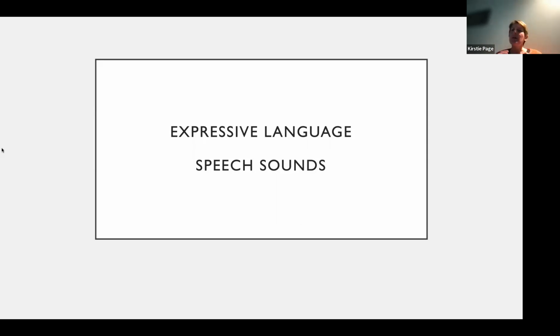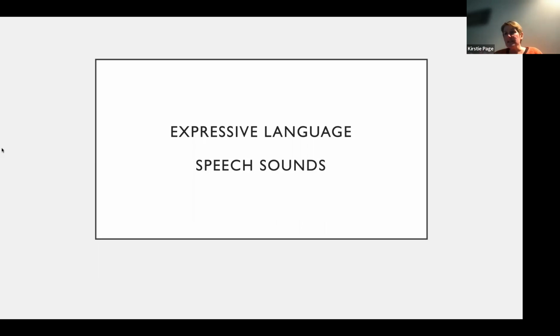So expressive language is all about the content of my output, whereas speech sounds are to do with how I say what I say. What sounds do I use? Are those sound representations of words the same as you would hear in adult speech?